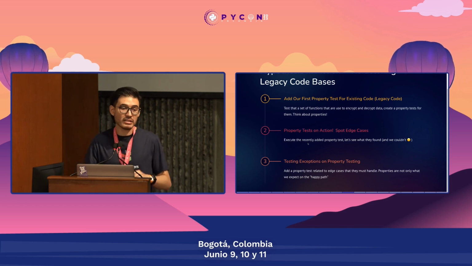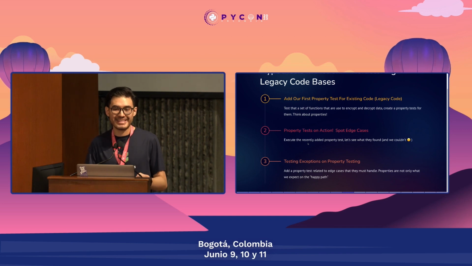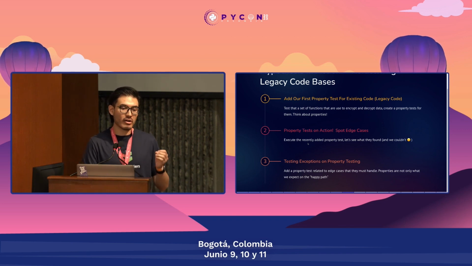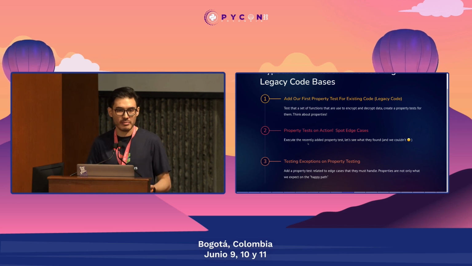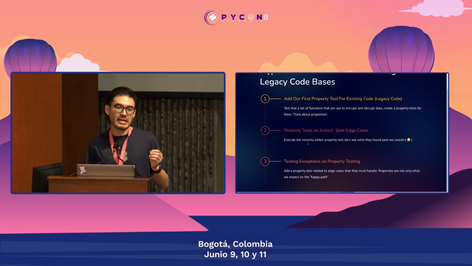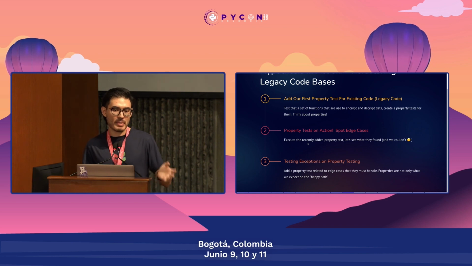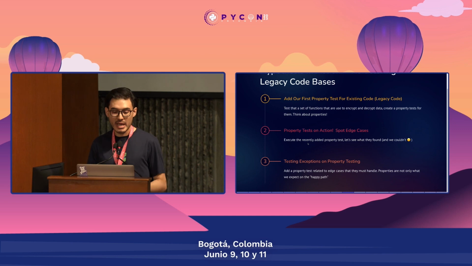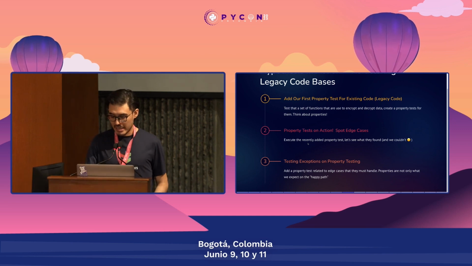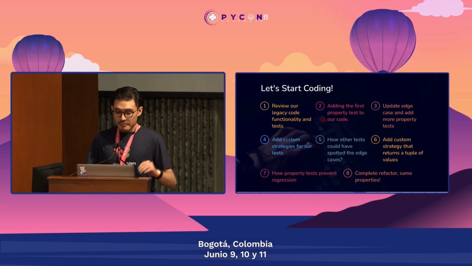As you know, handling exceptions, and not only checking the happy path of our code, is a core functionality that we have to implement. We do not just need to test the happy path. We have to check if something goes wrong, and this is a property of the functionality as well. So let's start coding.